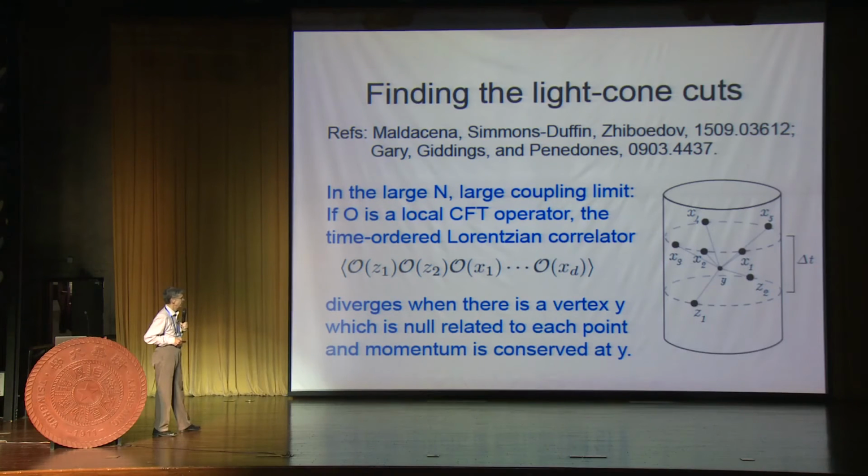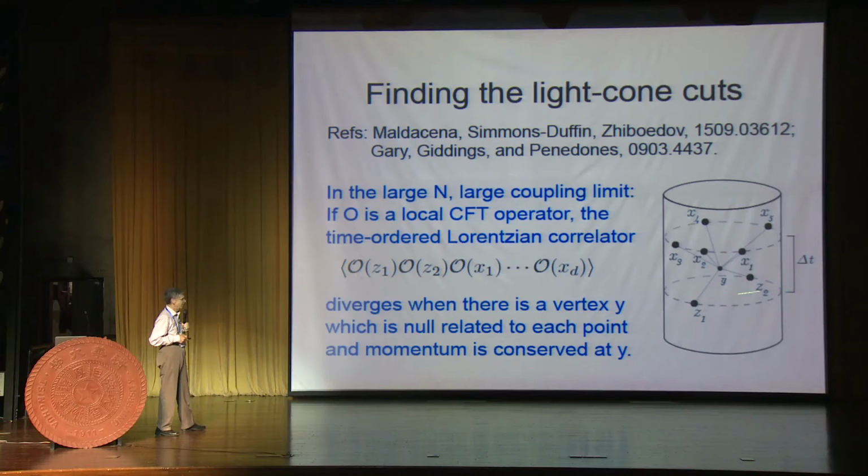So the idea is that you have 2 points, z1 and z2, in the past, and d points in the future. And you ask, when is this correlator infinite? When does a correlator diverge? Well, these authors show that it diverges when there is a bulk point y, which is null related to every one of the boundary points.